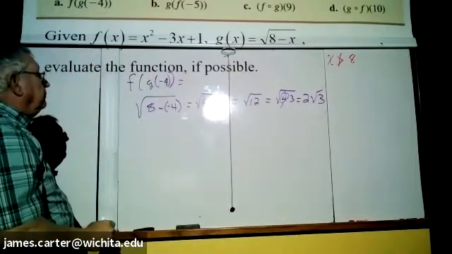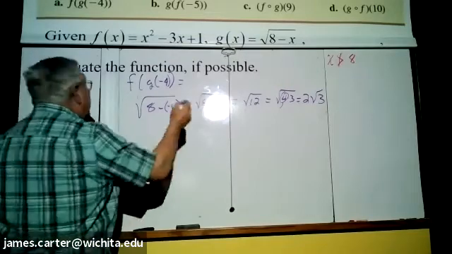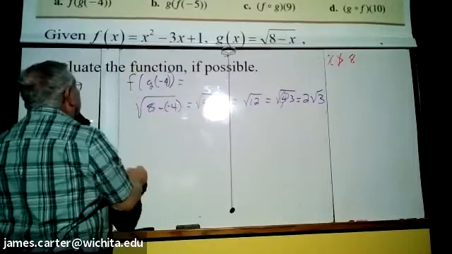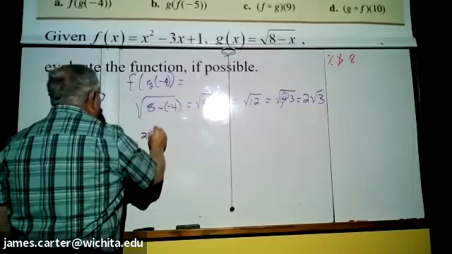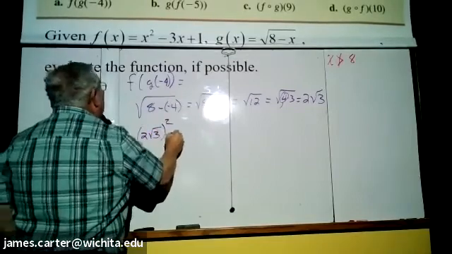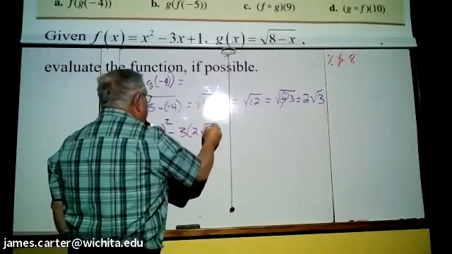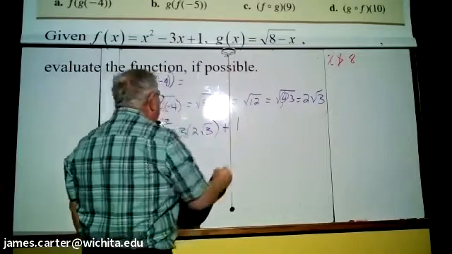Okay. Now, we've got to take that 2 square root of 3 and put it into F. Squared minus 3 times 2 square root of 3 plus 1.